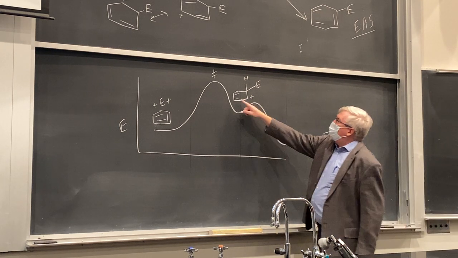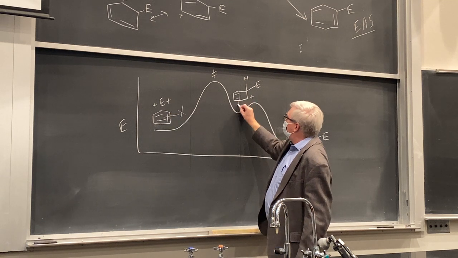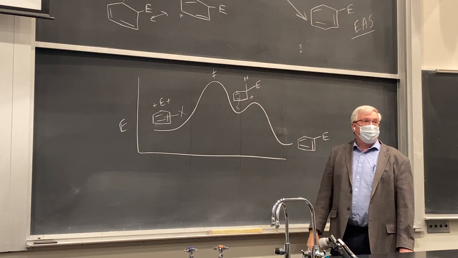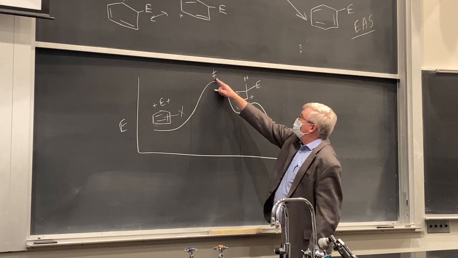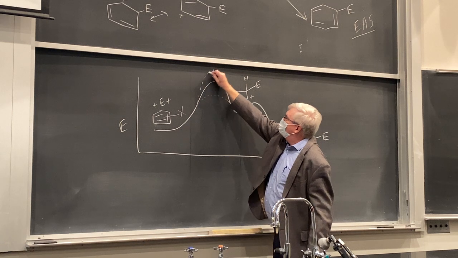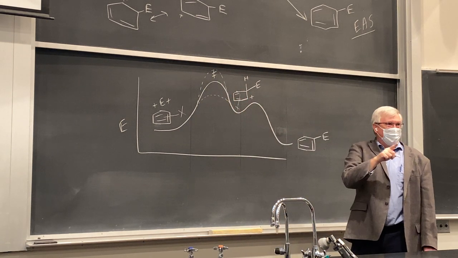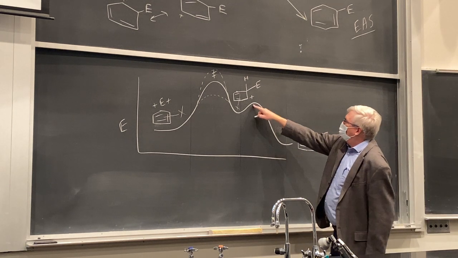But you see, anything that's on the benzene already that might stabilize this allyl cation is going to help us with a second reaction. Okay. But there's our transition state. So it could be lower there, or it could be higher. That's kind of the key thing for substitution coming up. And if you've read ahead, you can already see how that might work. And then what's this barrier here?